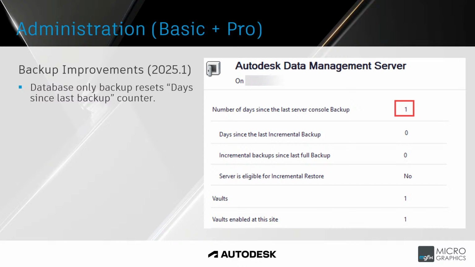Prior to the 0.1 update for 2025, that counter would not reset to 0. So even if you did a database only backup and you manually backed up your file store, that would still show a number that counted back to the last full server backup. Where in this case now, if you do a database only backup, that clears back to 0 on the day you do the backup. So just a small improvement there on the backup side for administrators.